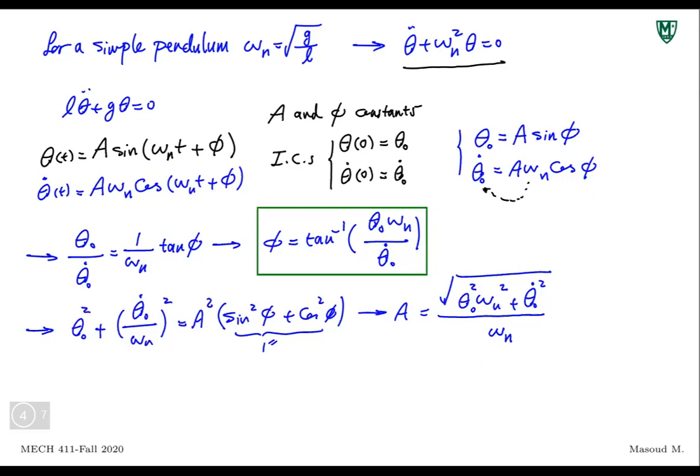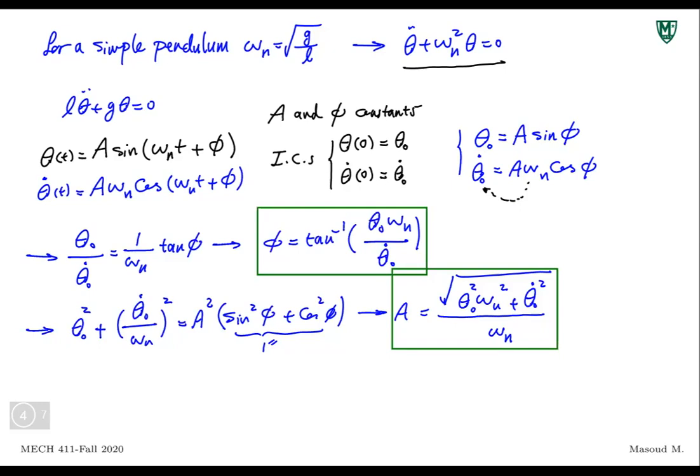So I propose the general form of solution with constants. I use the initial conditions to solve that, to find those constants in the general form of the solution, a and phi. And now I have the capability to find these two constants as long as I have three things. As long as I have the initial velocity, how fast I'm pushing or pulling this.